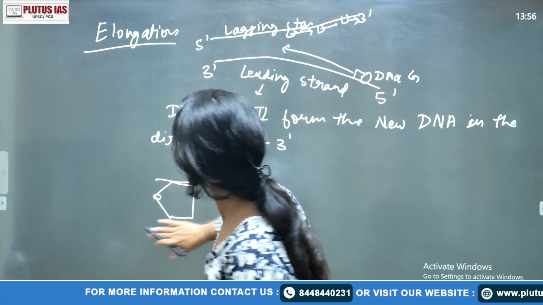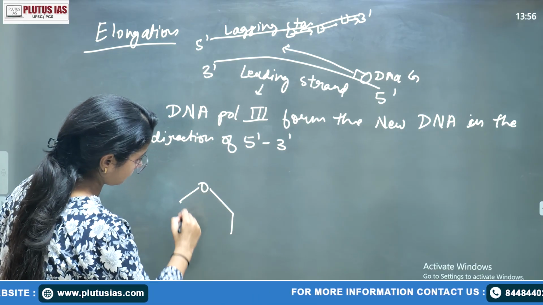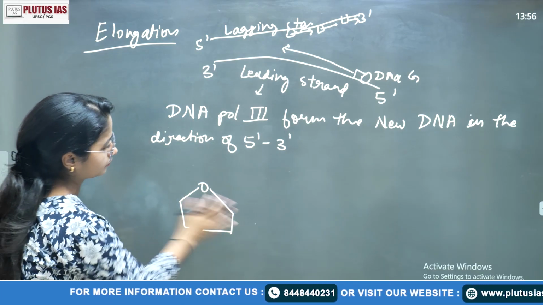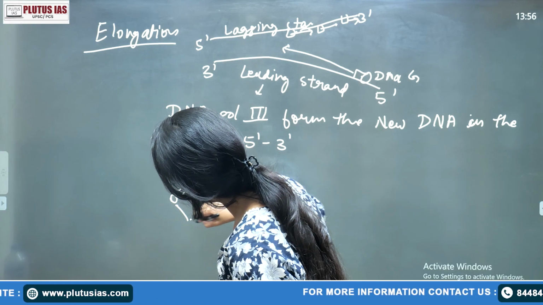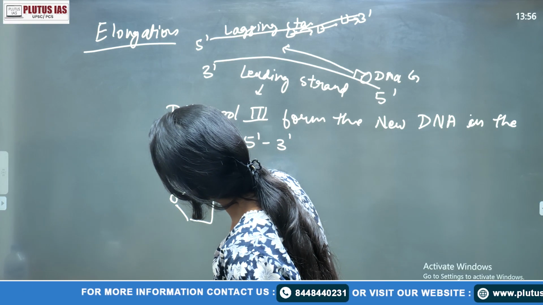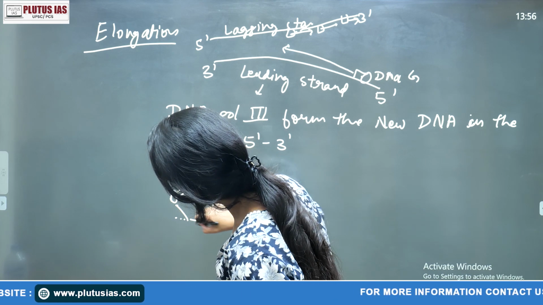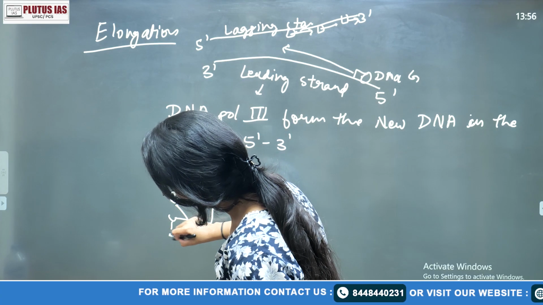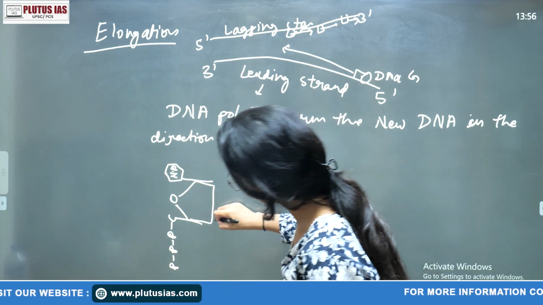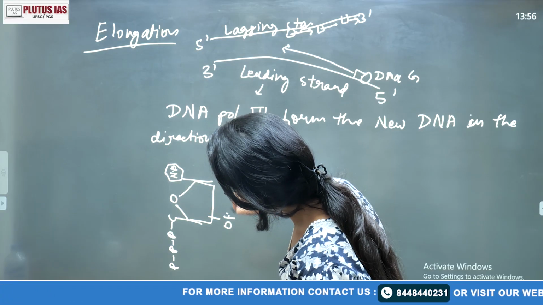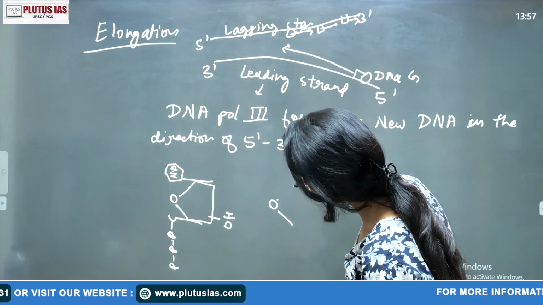Here the nitrogenous bases are whatever, A, T, G, C, and here is the triphosphate, suppose ATP, GTP, CTP. And here this is the OH which is required for forming the phosphodiester bond.